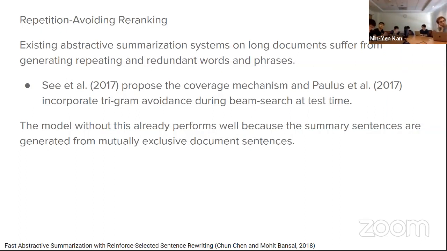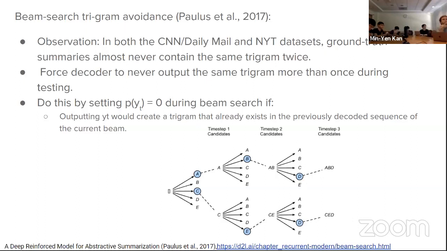Since this model was trained with reinforcement learning, it only performs well without these, but using the trigram method introduced by Paulus boosts the performance as well. So I'll first introduce what the trigram avoidance thing is.